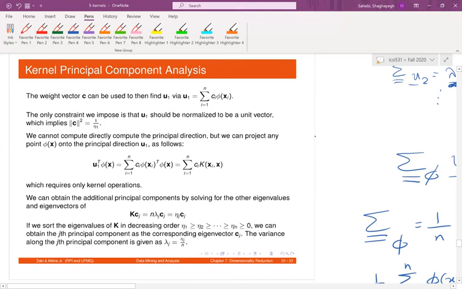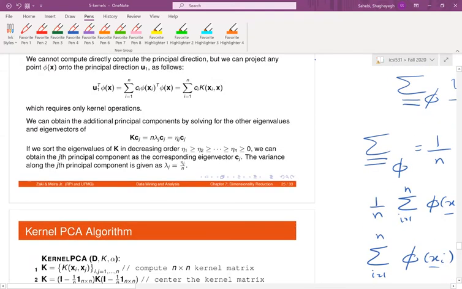All right. And also we normalized our coefficient vectors in a way that ui transpose ui is equal to one, a unit vector.